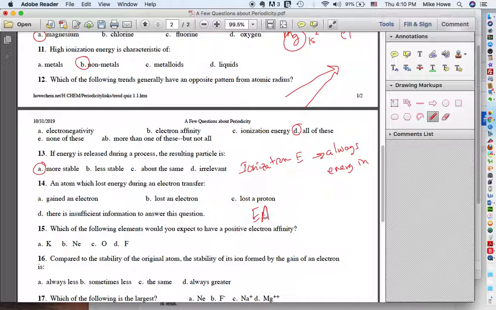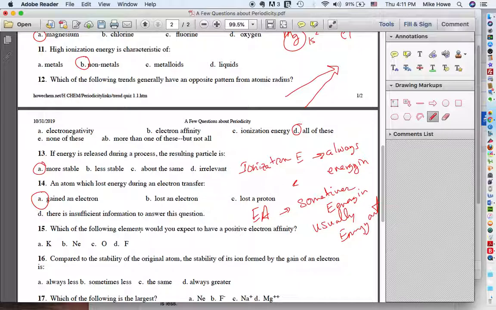Electron affinity sometimes energy in, but usually energy out. Okay, so an atom which lost energy during an electron transfer must have gained an electron. Because ionization energy is removing electrons, and you always have to put energy in for that.